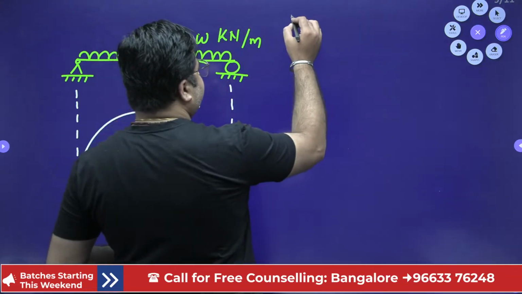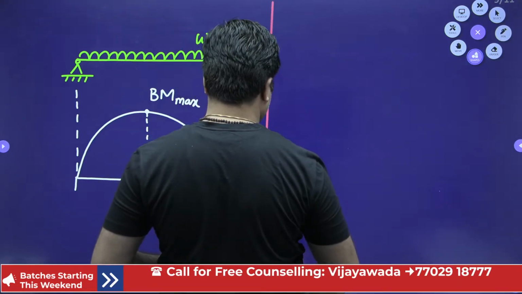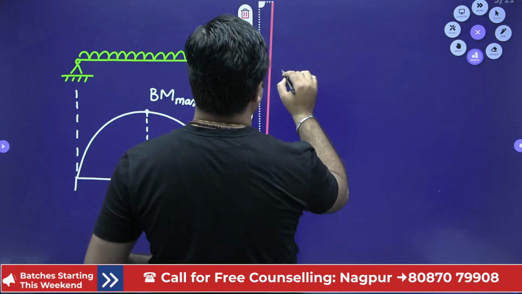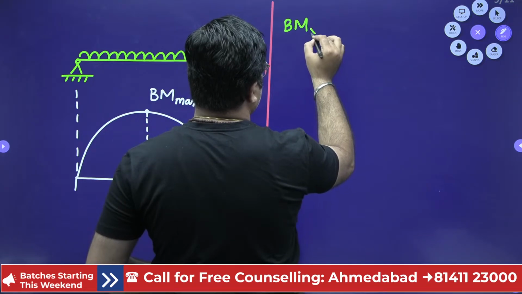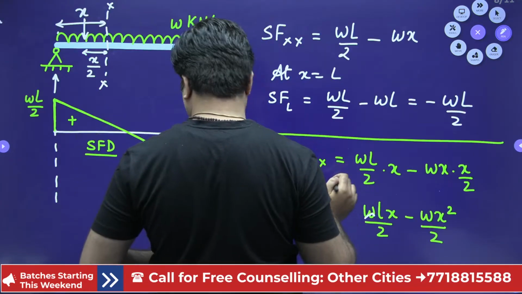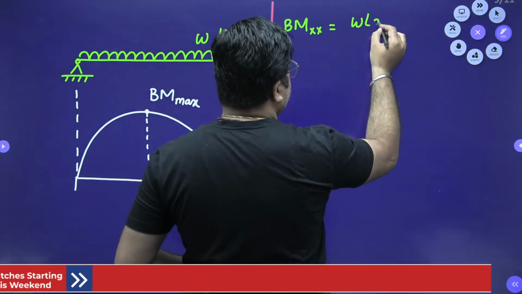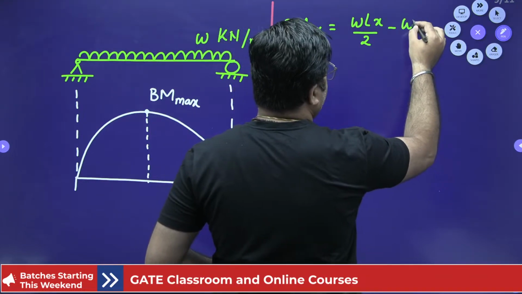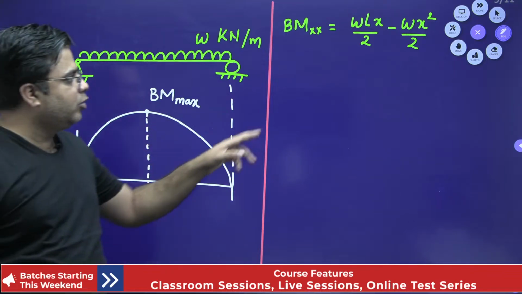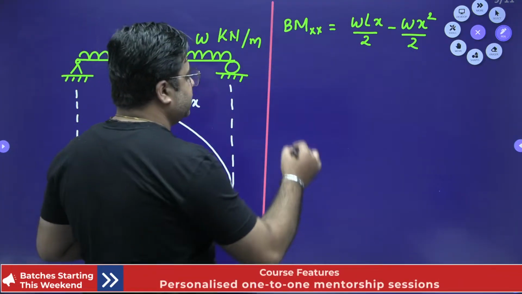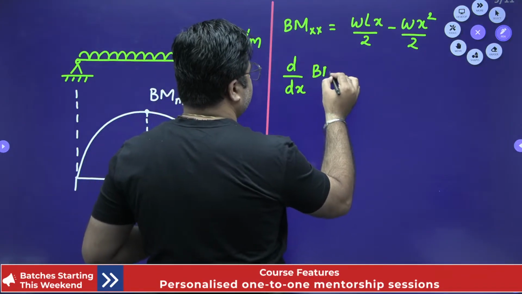First of all, the bending moment equation is WLX by 2 minus WX square by 2. This is the bending moment equation. In order to get the maximum bending moment, d by dx of BM should be equal to 0.